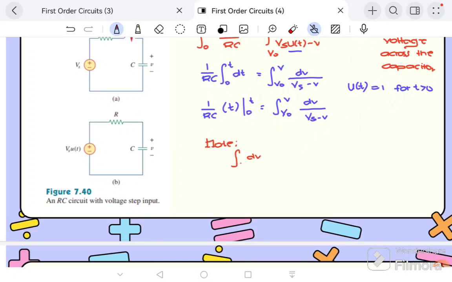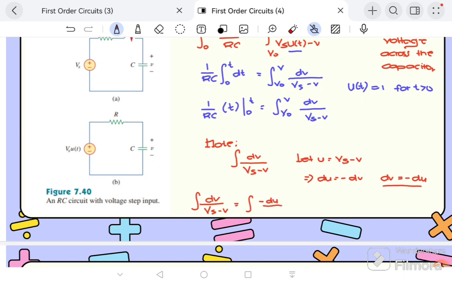Note, for the integral of dv over (Vs minus v), we let u equals Vs minus v, implying du equals negative dv, or dv equals negative du. So the integral of dv over (Vs minus v) equals the integral of negative du over u, which equals negative ln u, which is negative ln (Vs minus v).